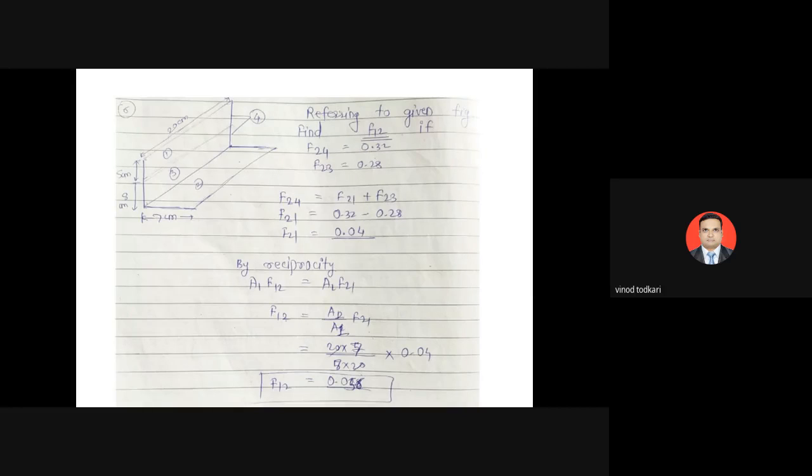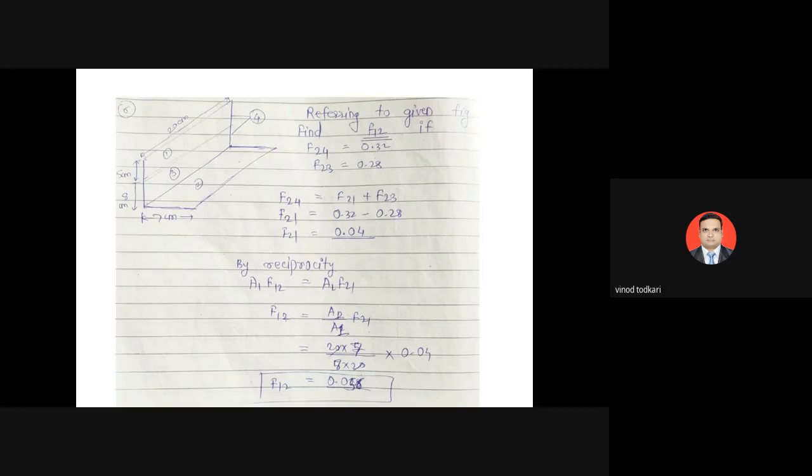Now this is 2, this is 4, so I can apply the summation theorem. Whatever energy is emitted from 2 which is intercepted by 4 will be equal to energy emitted by 2 which is intercepted by 1 plus energy emitted by 2 which is intercepted by 3, because 4 is made up of 1 and 3.